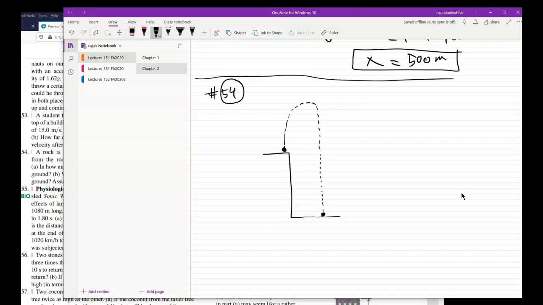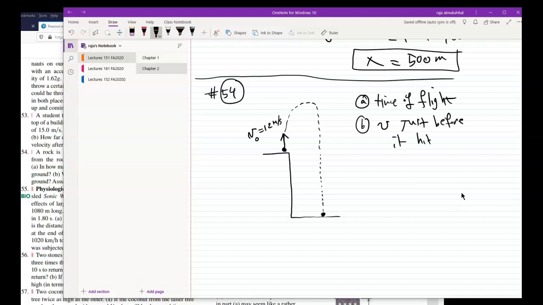And that is the velocity, v naught, which equals 12 meters per second. So he wants to know the total time of flight, and he's asking for the velocity just before it hit the ground.